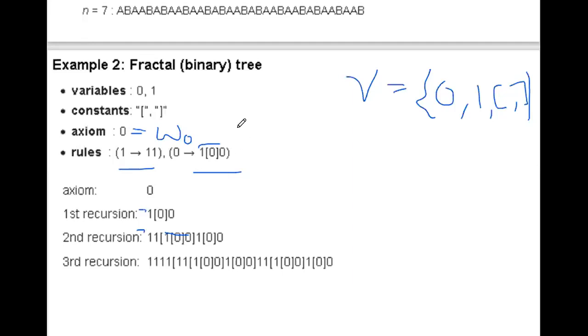How do you do that? Look at this. If you have 1, you convert that 1 to double 1, which is this block here. This is your first initial word.